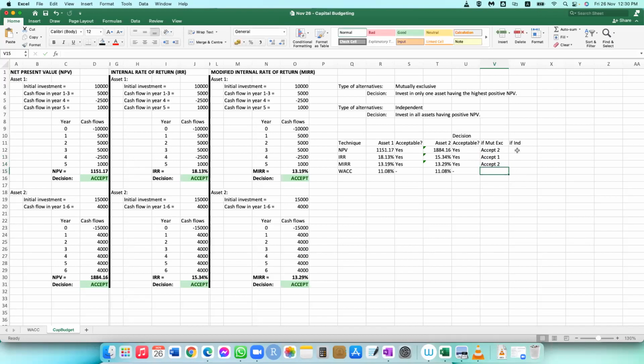Okay, and if independent, then what happened? We can see that in all cases, all are good, accept all, something like that.